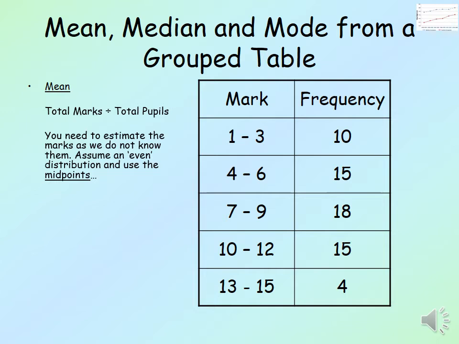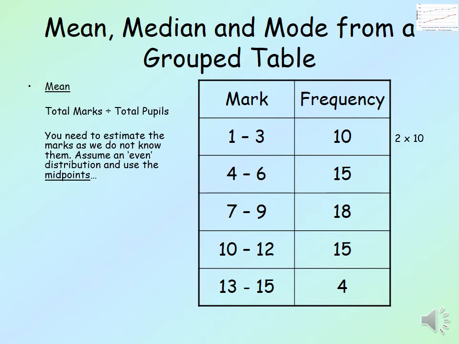So what we'd assume is that there was an even distribution of the marks in each of the categories, which are 1 to 3, 4 to 6, 7 to 9, etc., and choose the midpoint. Okay, so when I do some examples, it's self-explanatory.